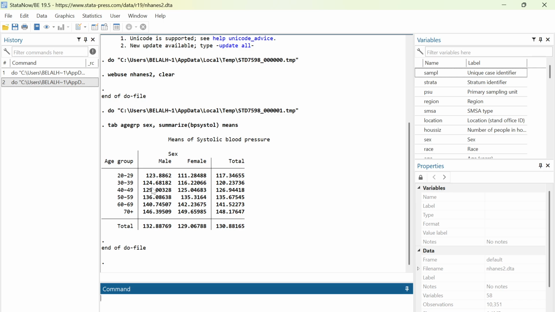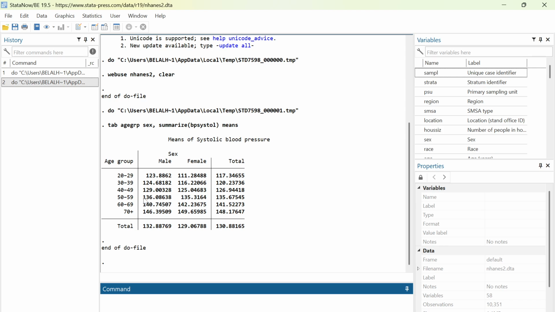And then it's increasing, because we know that it's increasing: 124 for male, and then 129 and 125 for 40 to 49. So there's a difference between male and female in younger age groups, and at 40 to 49 it's getting closer.